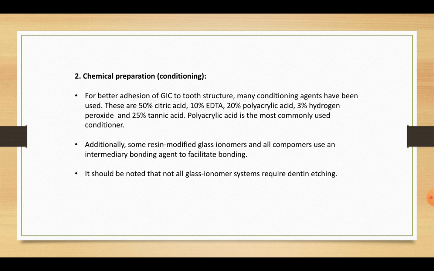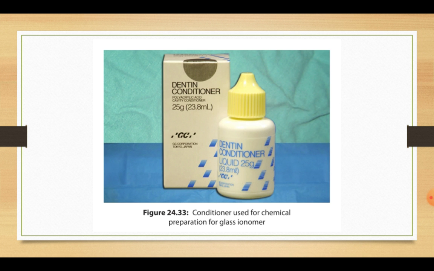Just like we apply a bonding agent before applying the composite and cure it, in the same way, applying a bonding agent and curing is done in resin modified glass ionomers and compomers. It should be noted that not all glass ionomer systems require dentine etching. This photograph shows a conditioner used for chemical preparation for glass ionomer. This is the dentine conditioner.